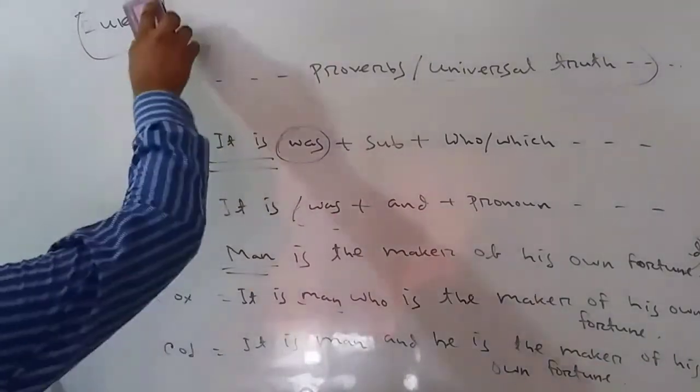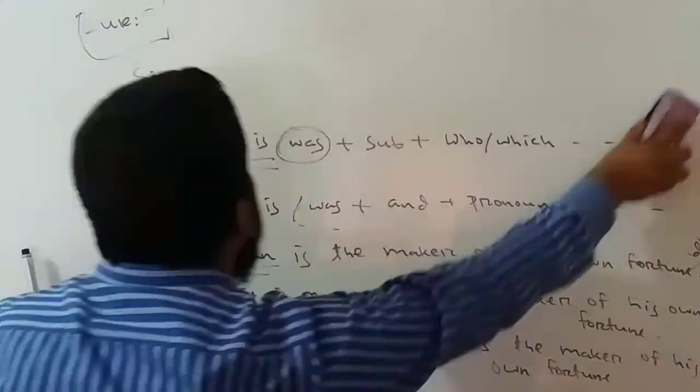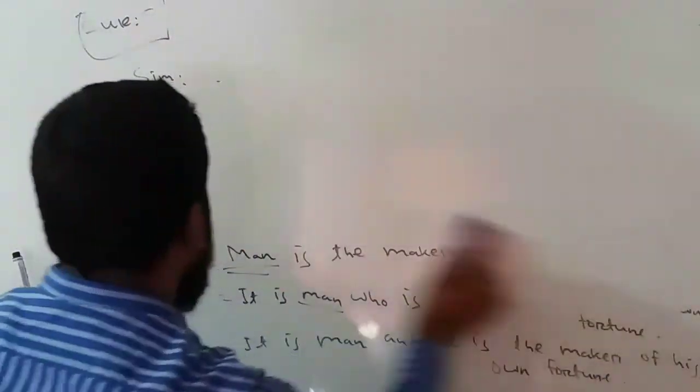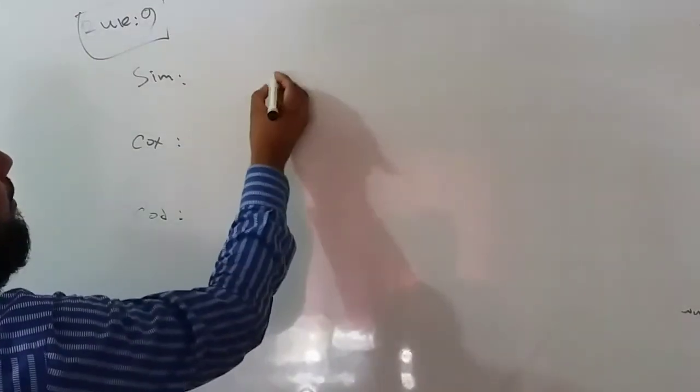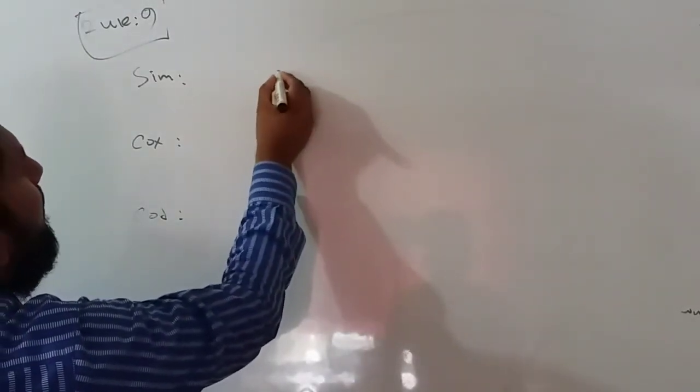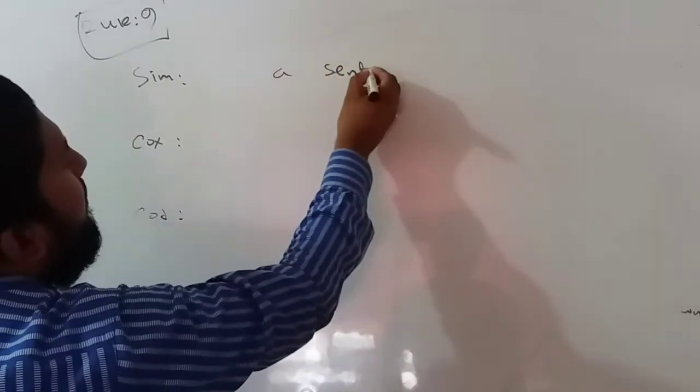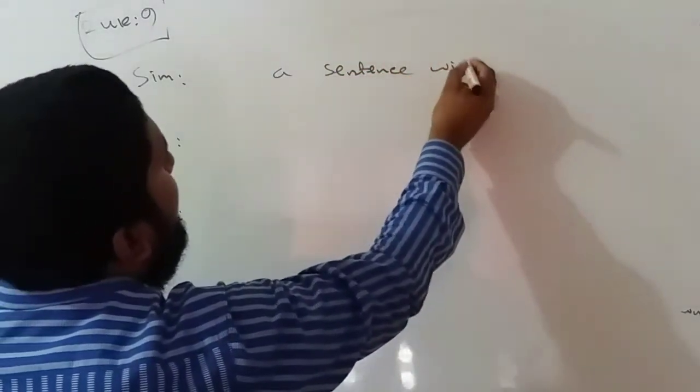Then the rule number 9. Look at the board. Rule number 9: a sentence with adjective.